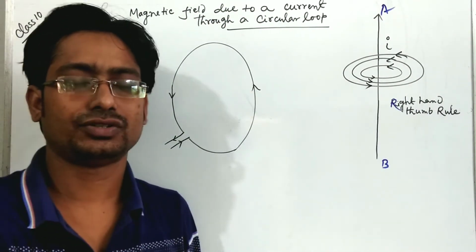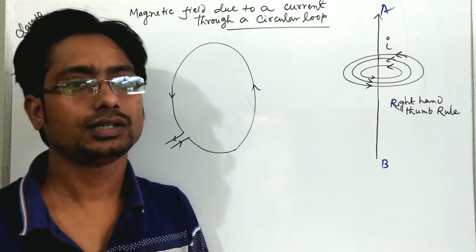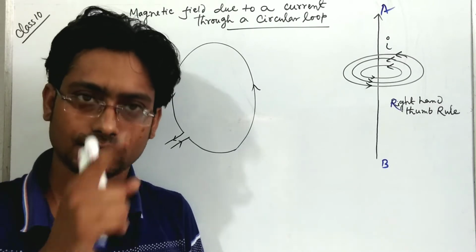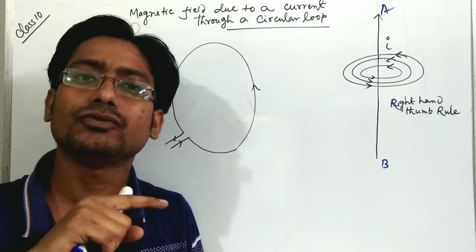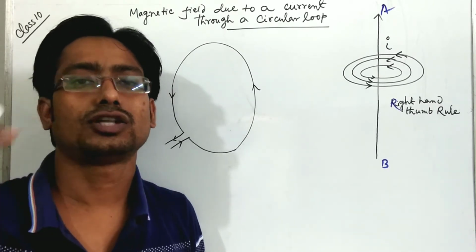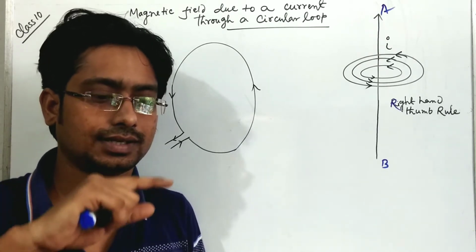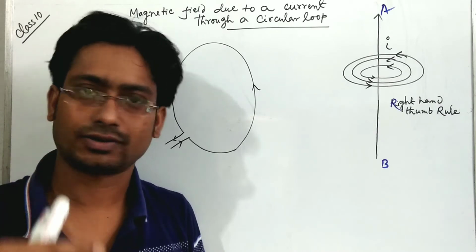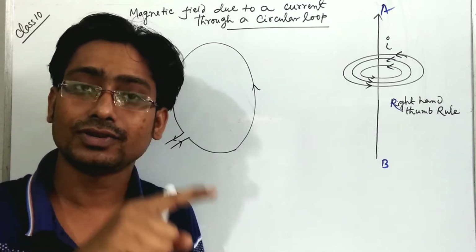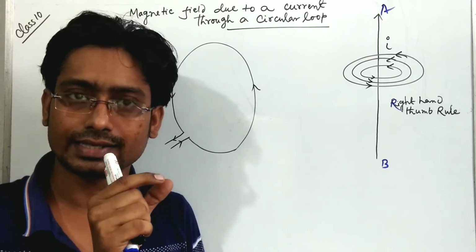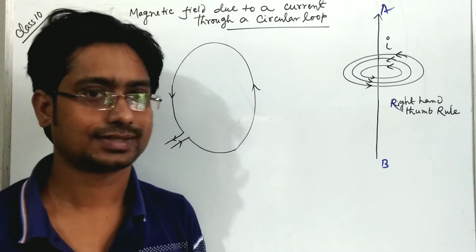In my previous video I told you we learn in this chapter the magnetic field due to a straight wire, circular coil, and then we will improve it for a solenoid. You all know that a solenoid is a combination of circular coils. A small part of a circular coil is nothing but a straight wire.